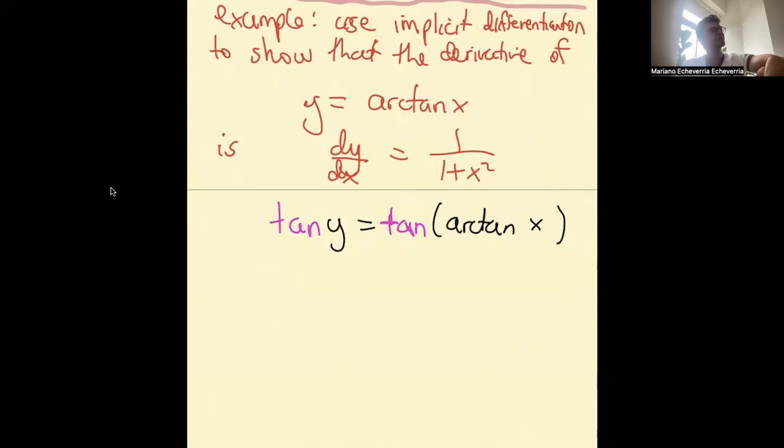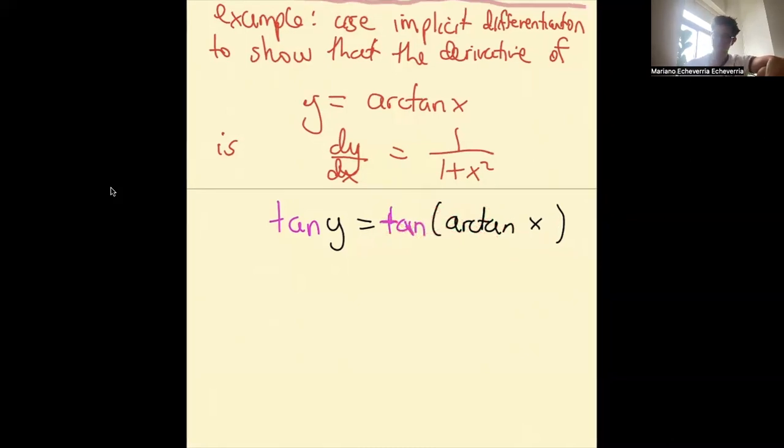Remember that's the point of a function and its inverse. When they see each other, they kind of disintegrate. So you just get x. Now this is exactly the same setup as before: take the implicit differentiation of both sides. So you take the derivative of both sides with respect to x.